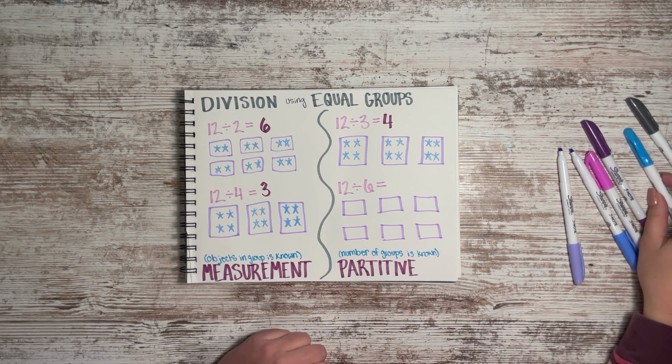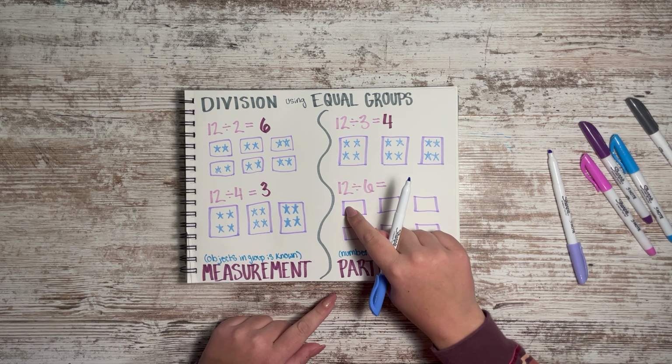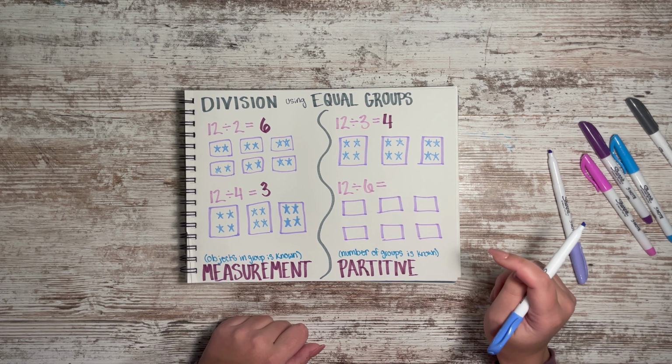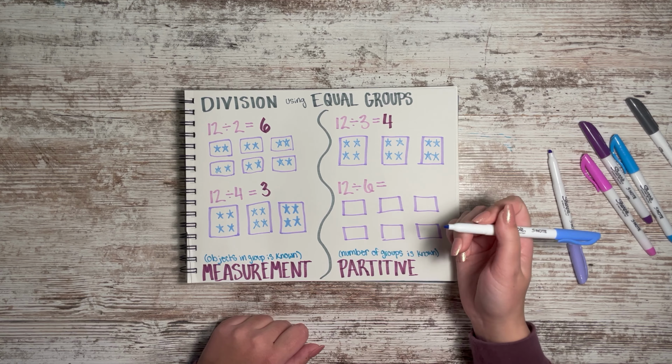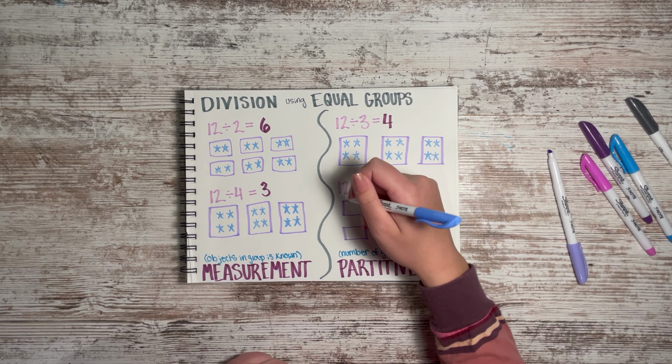So I think what I can do, because it worked last time, is go through and put a star in each box until I've used up all 12 stars, because I know I have 6 groups and 12 stars, so let's add stars to each box equally until we have 12.